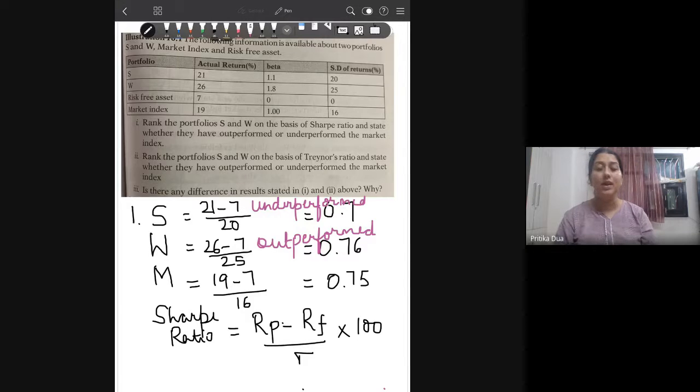So similarly, calculate the Treynor ratio in the second part. We start calculating RP minus RF upon the systematic risk beta.